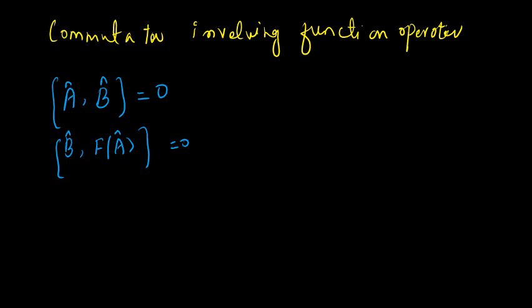If operator A commutes with operator B, then the function of this operator A will commute with operator B. So the first condition is that A should commute with B, then B will commute with the function of this operator.